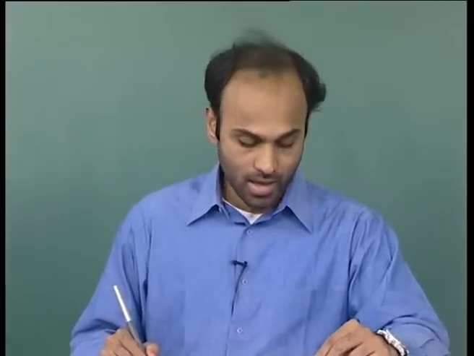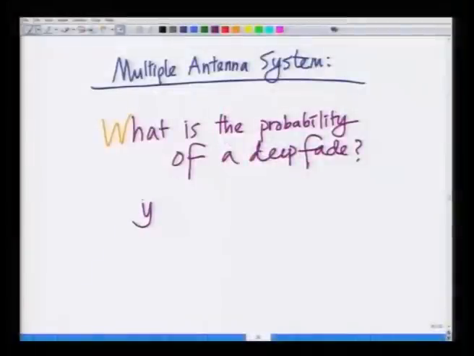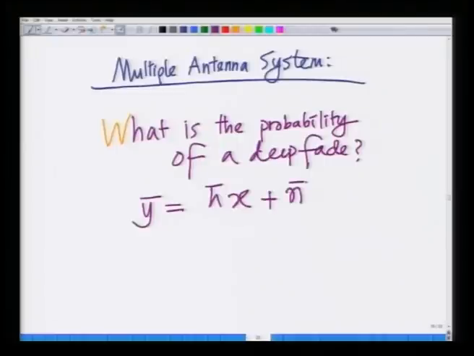We said that the receive system model can be expressed as y bar equals h bar x plus n bar.